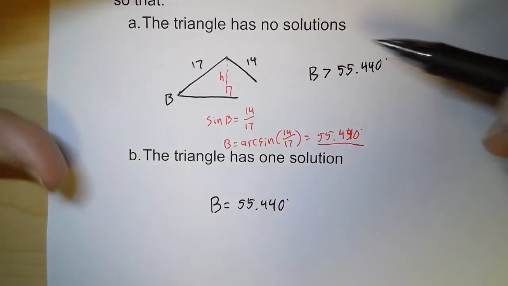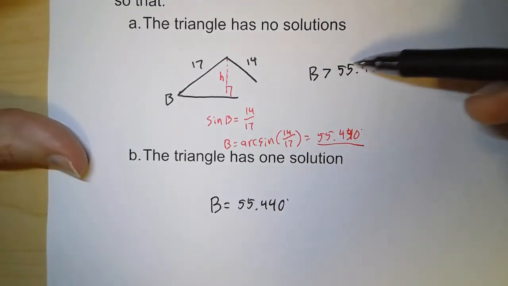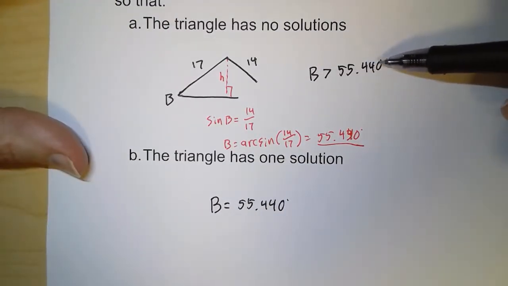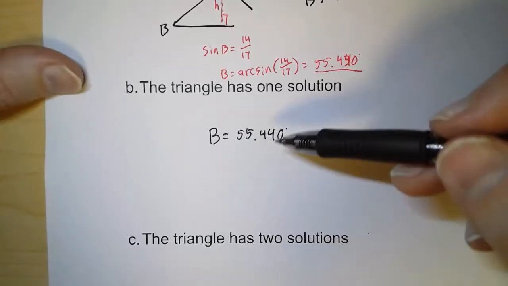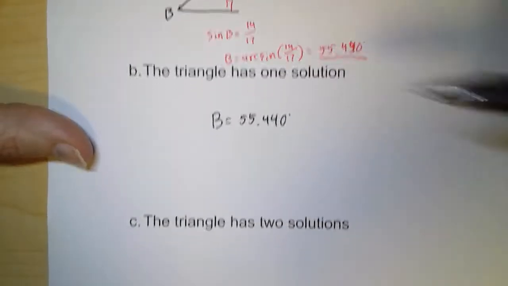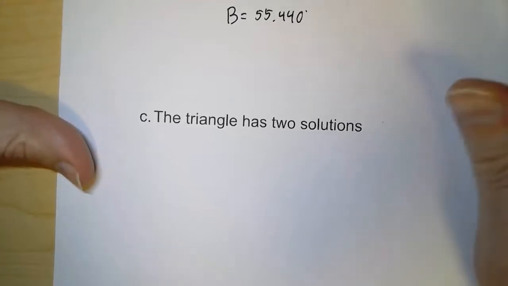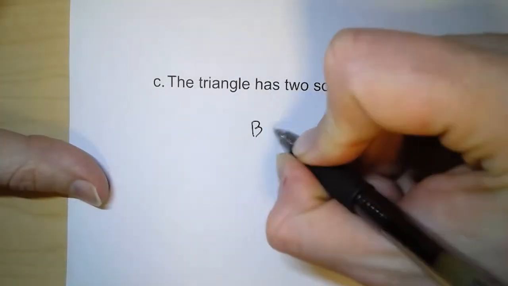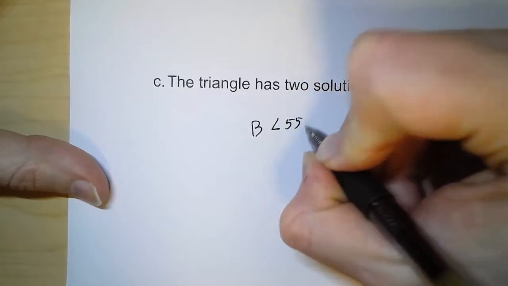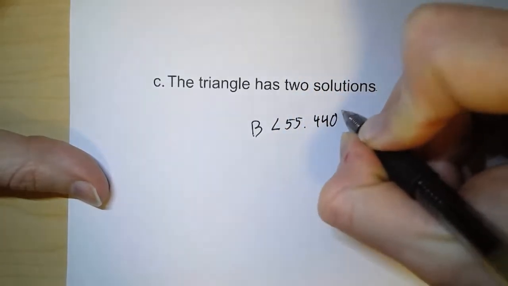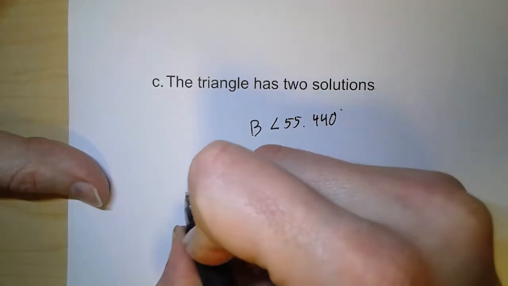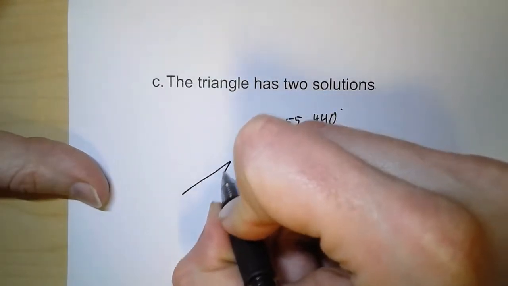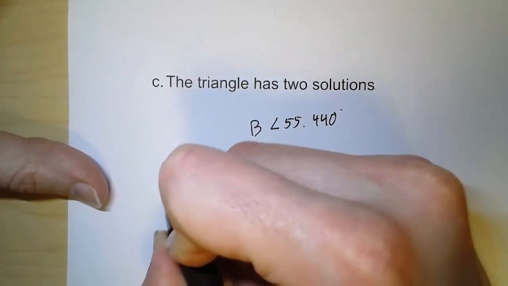Now, logically, what we've covered is if B is greater than 55.44, we're going to have no solutions. If it's exactly 55.44, it's going to have one solution. If it's less than that, then that is what leaves us with two solutions. If B is less than 55.44 degrees.